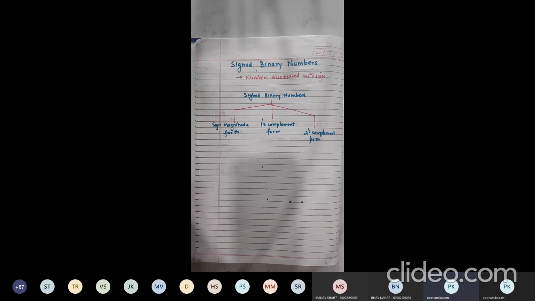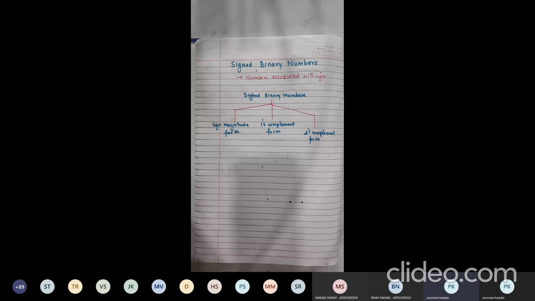But in digital systems, there is no provision made to put a plus or minus sign to a number, since digital systems operate on binary numbers that are represented using only ones and zeros. So the question is how to represent signed binary numbers if all we have is a bunch of zeros and ones.